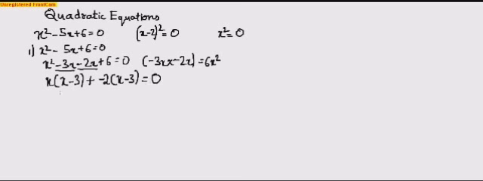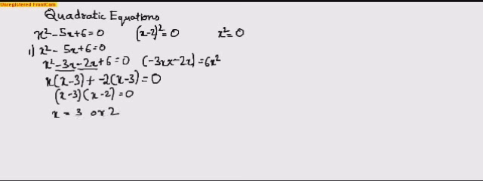Now x minus 3 is common from the whole expression, so I take x minus 3 common from the whole expression, and what we get is x minus 2. So in the end we get x minus 3 into x minus 2 equal to 0. This tells me that x has two values, 3 or 2.